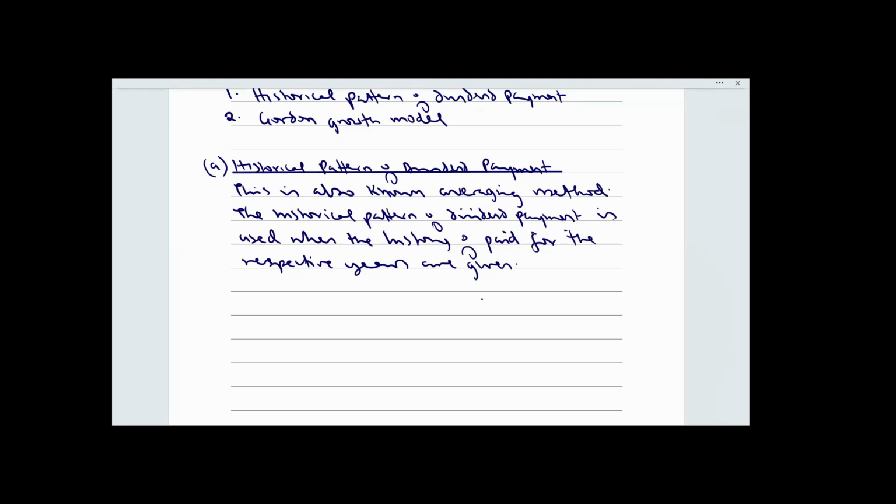Under this method, there are two different formulas that you can use, depending on the way the question is structured. This can be calculated using the formula below.